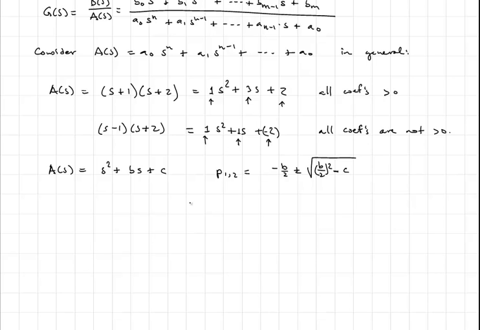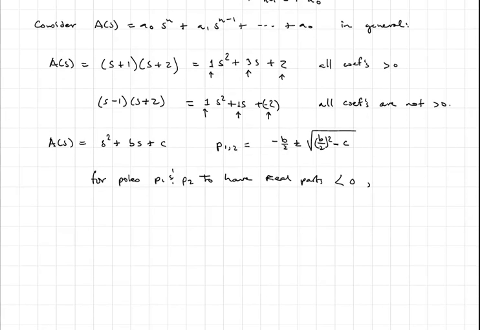Okay, so for poles P1 and P2 to have real parts less than 0, then we have some constraints on b and c. b must be greater than 0.